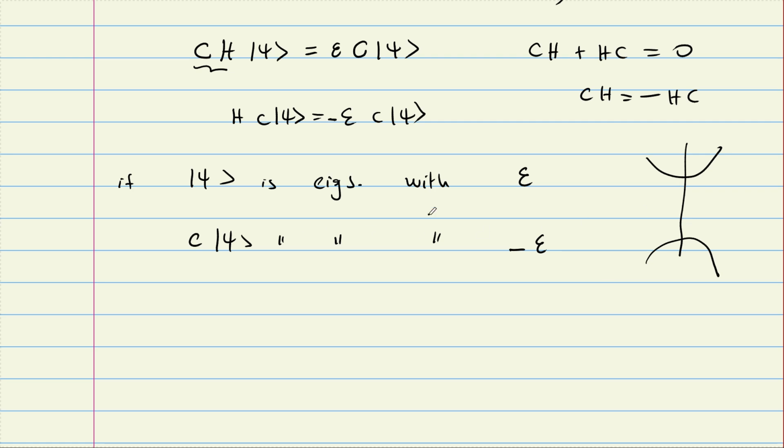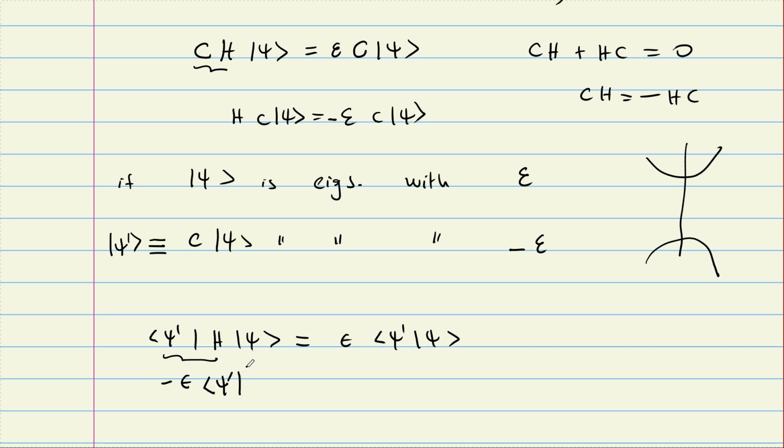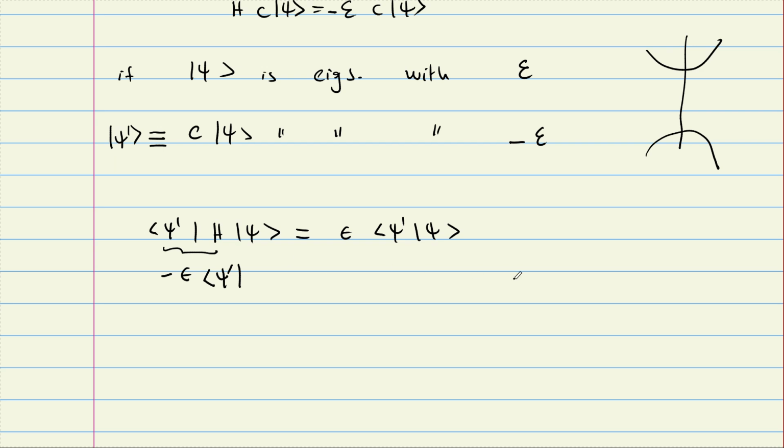And now let's define psi prime. We have to show that these two states are distinct. This is also very easy to do. Let's consider psi prime H psi, which is equal to epsilon psi prime psi, but I can operate on the other side, and this is going to be minus epsilon psi prime psi, and I can combine everything on the same side.